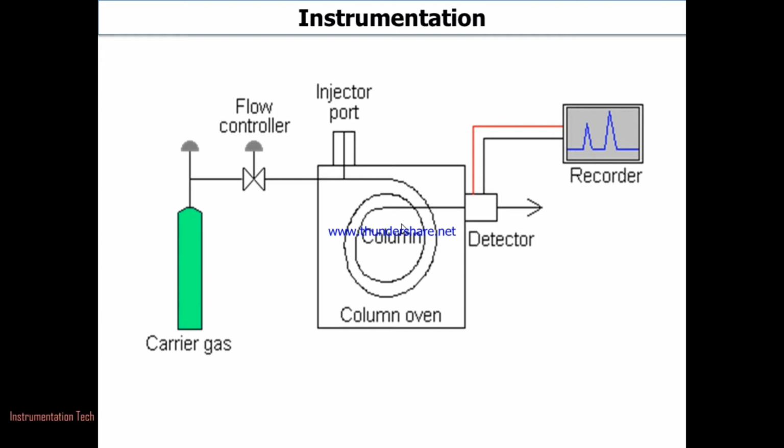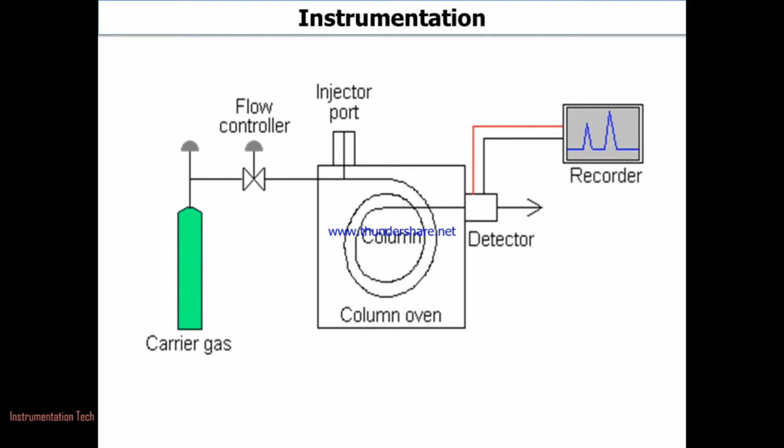There the separation takes place. This column is kept in an oven called the column oven, and the sample components that are separated using this column reach the detector, and the detector generates a signal according to the quantity of the components. That signal is recorded using a recorder.